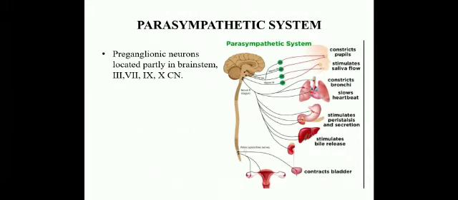In the parasympathetic system, the preganglionic neurons are located partly in the brainstem and partly in the cranial nerves, the 3rd, 7th, 9th and 10th, and also the S2, S3 and S4 segments. They are also known as the craniosacral outflow.